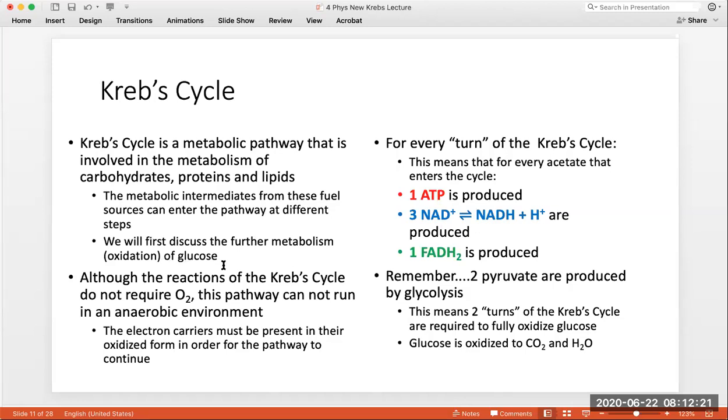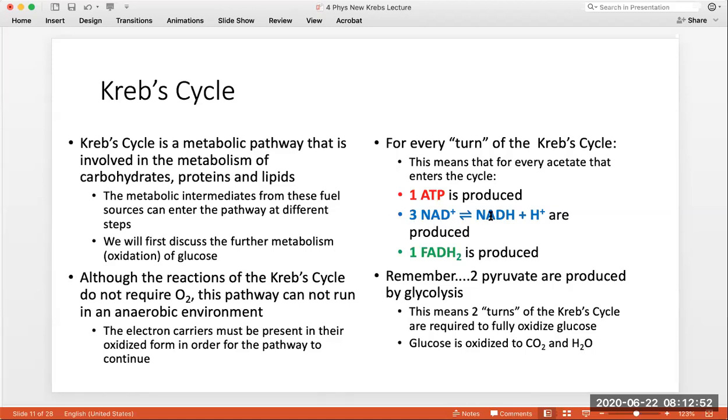So we talked about glycolysis being an anaerobic process because it does not require any oxygen. The Krebs cycle technically is an anaerobic process because none of the reactions of the Krebs cycle require oxygen. However, the reactions of the Krebs cycle cannot continue in the absence of oxygen. Remember, this is happening in the mitochondria, and you have to have a way to regenerate your oxidized versions of your electron carriers.